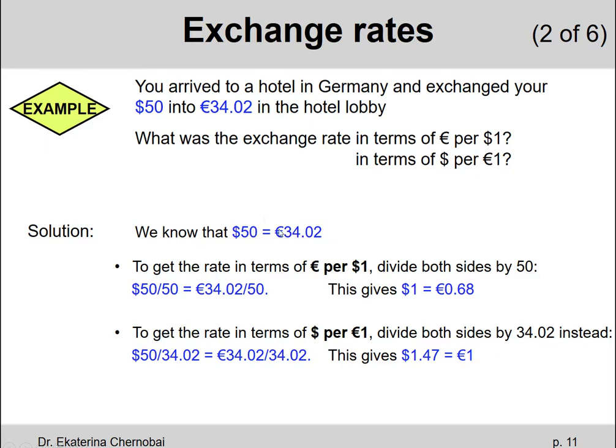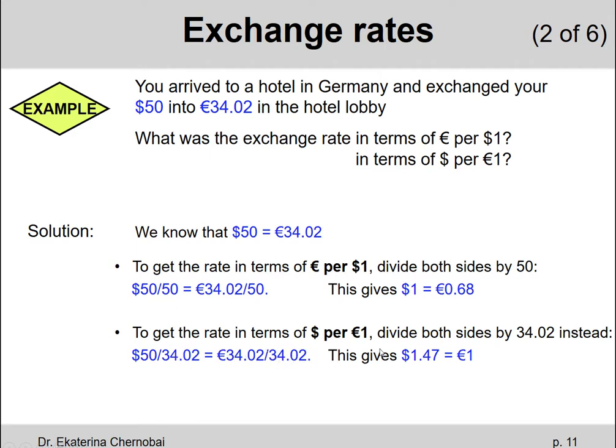So to get 1 euro instead of 34.02 euros, we need to divide 34.02 euros by 34.02. And we also do that division for the left-hand side, which is $50. So $50 divided by 34.02 equals 34.02 euros divided also by 34.02.